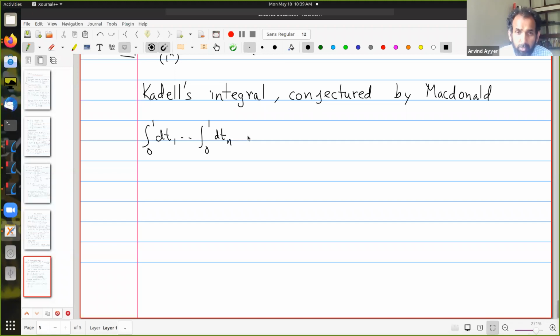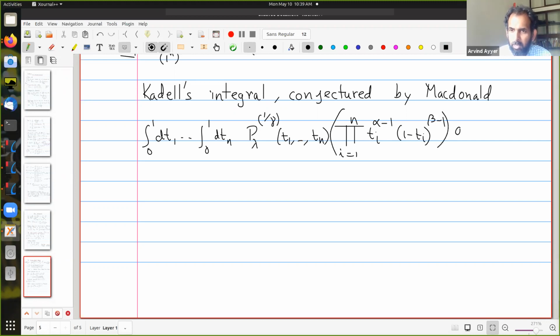And what you do is you take P lambda of 1 by gamma, the parameter alpha you replace by 1 by gamma, in terms of the variables t1 up to tn, and the same other things. So product i equals 1 to n, ti to the alpha minus 1, 1 minus ti to beta minus 1, delta to the 2 gamma, and this is equal to some extra factors.